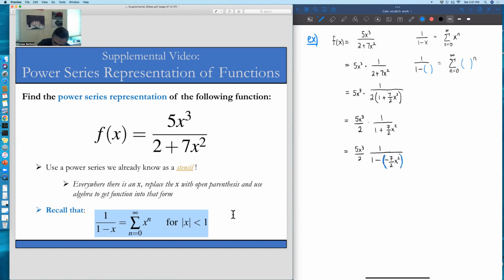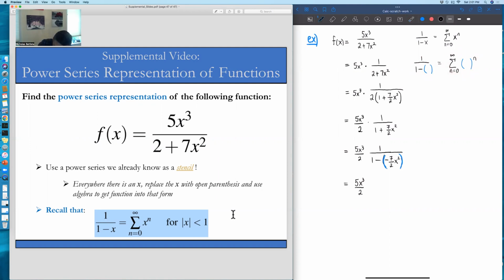So what we're going to be able to do in a moment is take what's in parentheses, the minus 7 over 2 x squared, and basically substitute it directly into the parentheses of the power series that we have. So we'll still have this factor of 5x cubed over 2 out in front, but now we can replace the 1 over 1 minus something in parentheses with that power series representation.